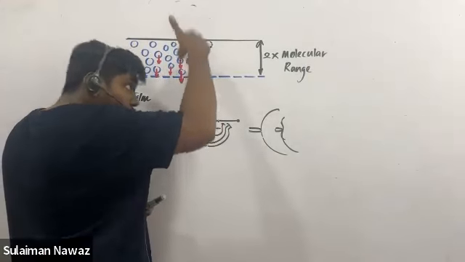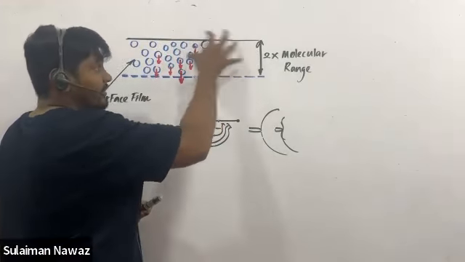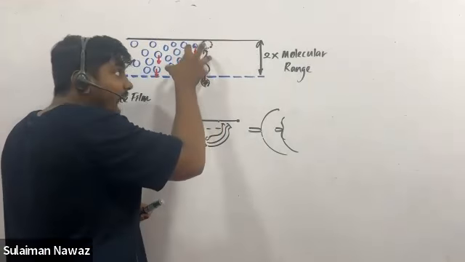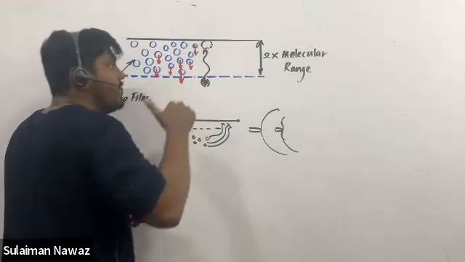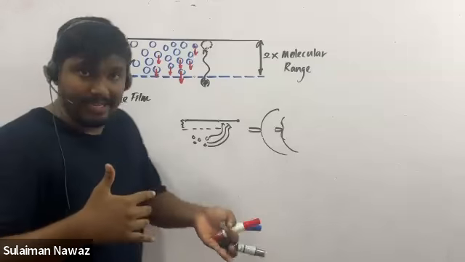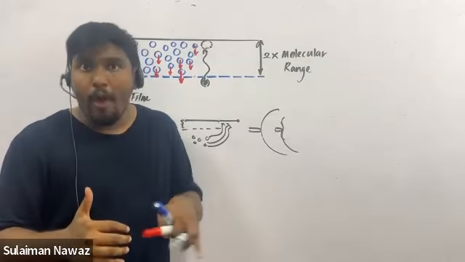But why can't they go down? Because there are other particles as well in this region. So these particles want to go down, but can't. They are eagerly waiting to go down.